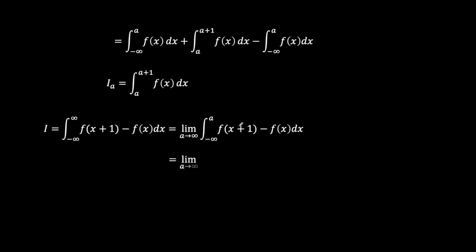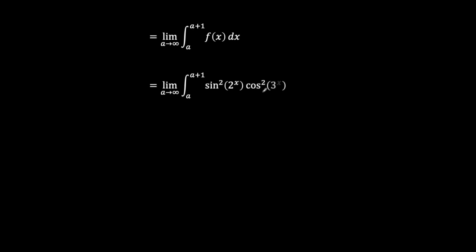But we've now realized that this I_a is the same as the integral of f(x) from a to a plus 1, with a tending to infinity, therefore meaning that this expression is the same as our original expression, I. Now, we know what f(x) is. f(x) is sine squared 2 to the power x times cosine squared 3 to the power x.